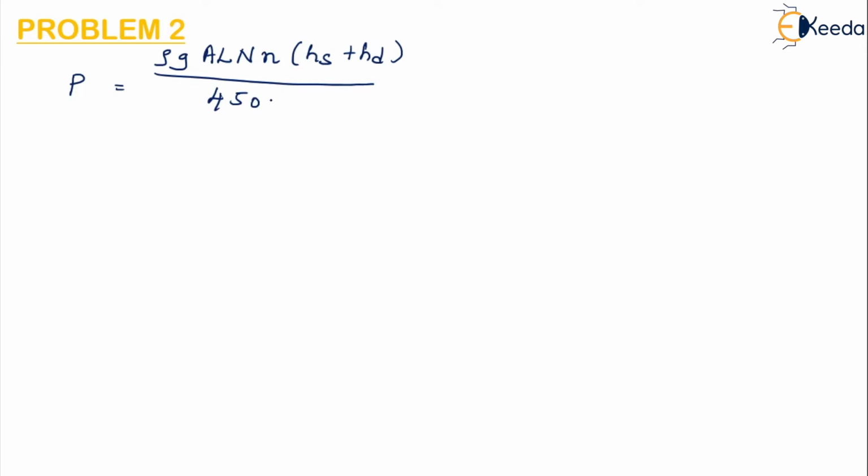So how is the power calculated? Power is equal to rho, that is the density, g, that is the gravity, A, that is area, into L, length of the stroke, into capital N, the speed of the pump, into small n, the number of cylinders, into HS, the suction head, plus HD, the discharge head, divided by 4500.